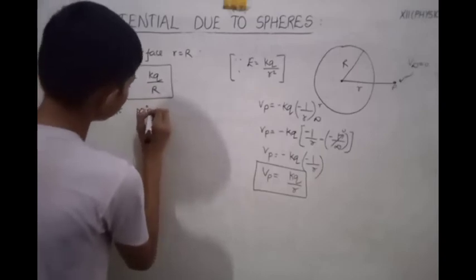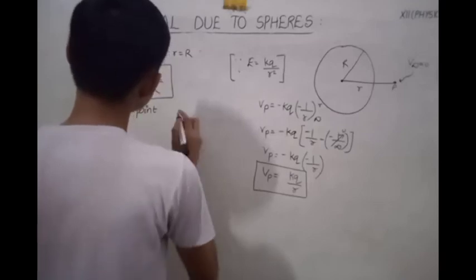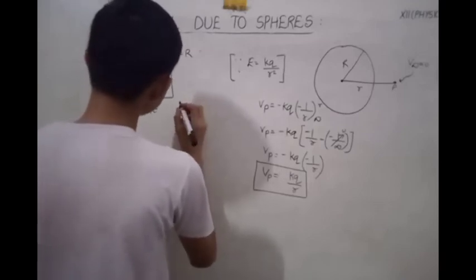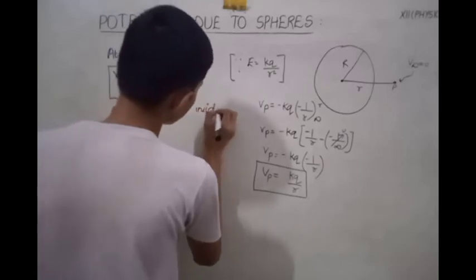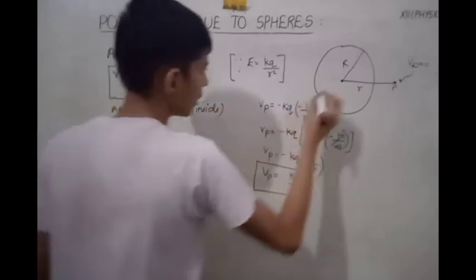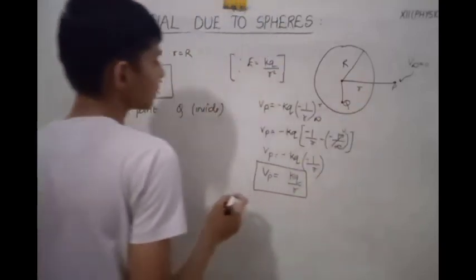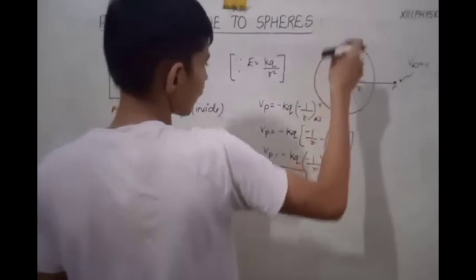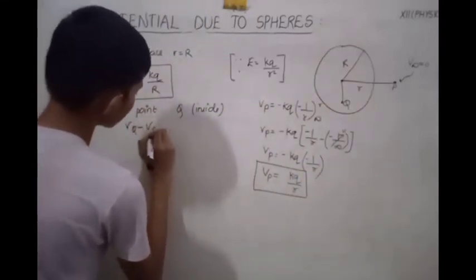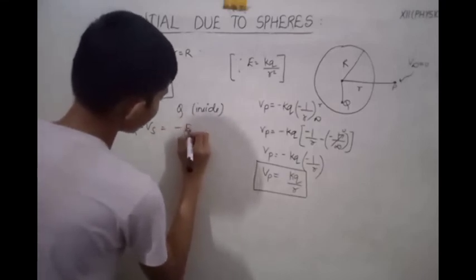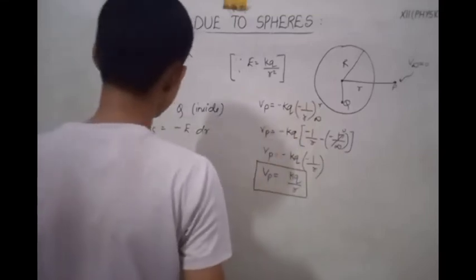At a point inside, what can we do for finding the potential inside the conductor? At point Q, which is inside the conductor, suppose we have to find the potential at point Q. For this, we have to bring a charge from the surface to the point Q. Vq minus Vs equals minus E dot dr, and we know that the electric field inside the conductor is 0.